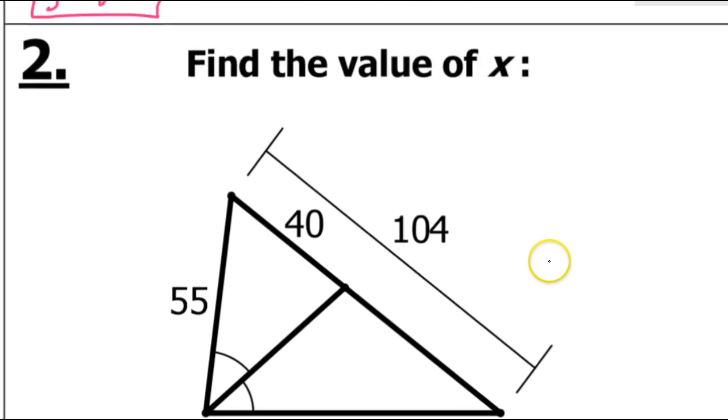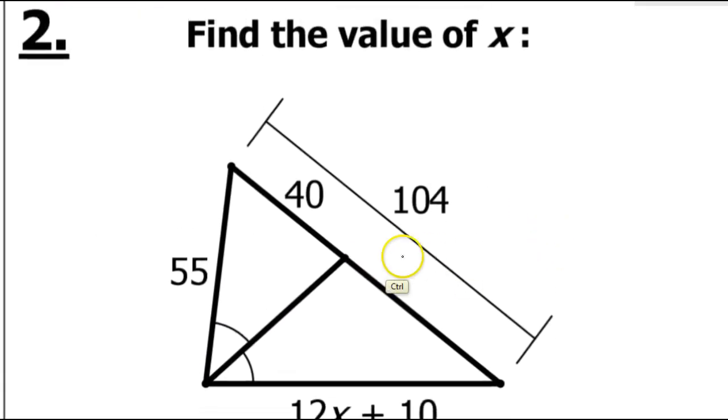So I need to find the value of x, but the thing that just jumps out at me is finding this missing piece. When I have the whole and a part, I know that to find the other part, I'm going to do the whole minus the part. So what is 104 minus 40?